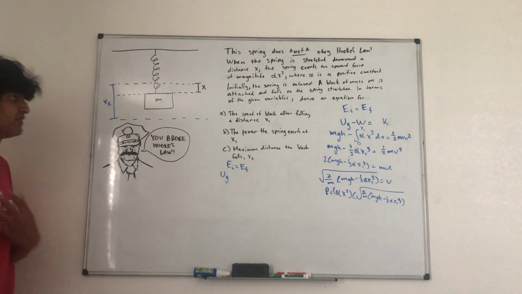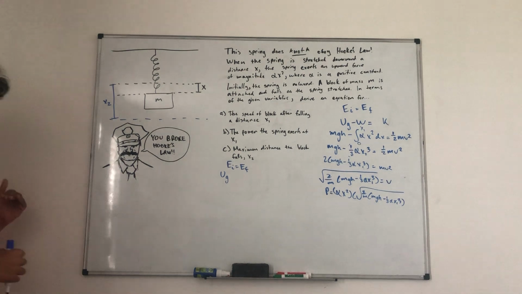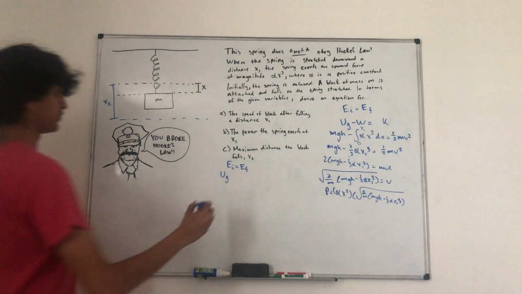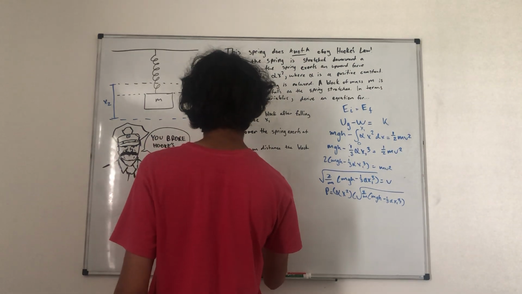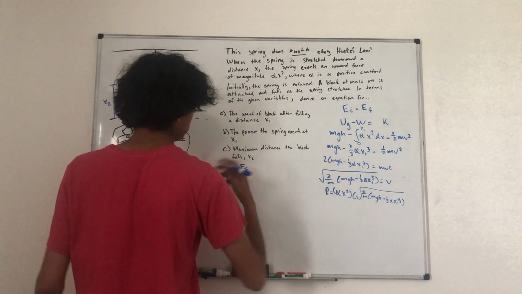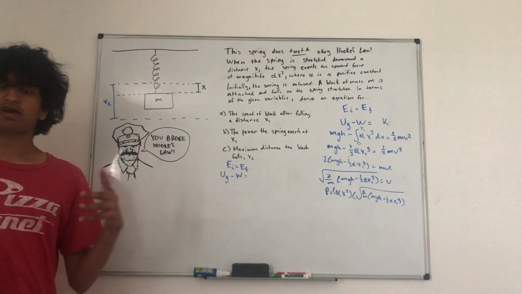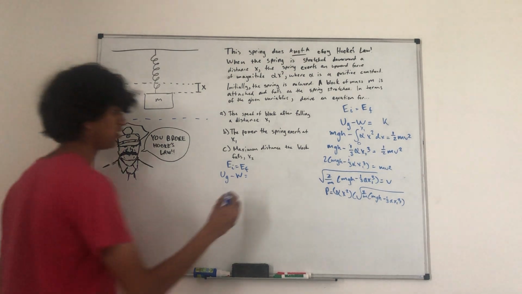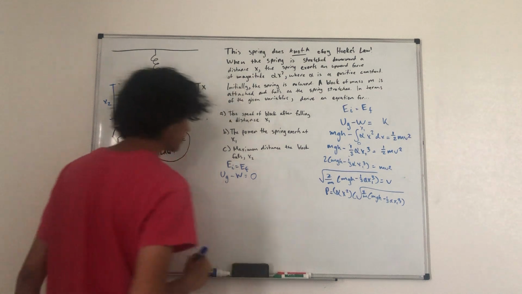So relative to x2, there's going to be some UG, and the spring is going to remove energy. So we're going to say minus the work done by the spring is going to equal, well, at the end, it's going to have no energy. There's no UG, and it's not moving. The spring will have removed all the energy. So we're going to say 0.